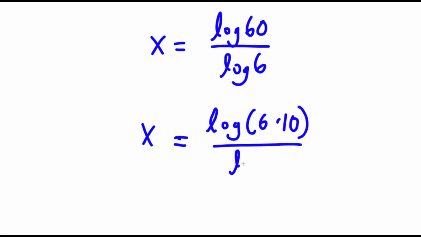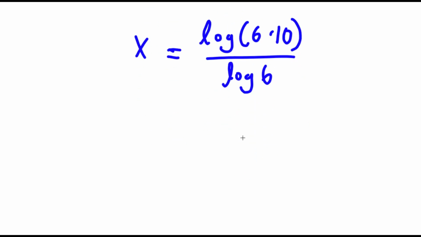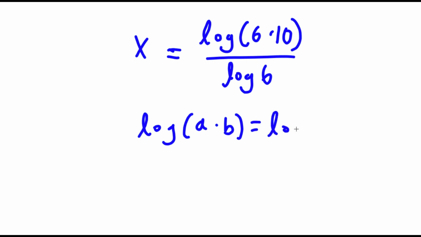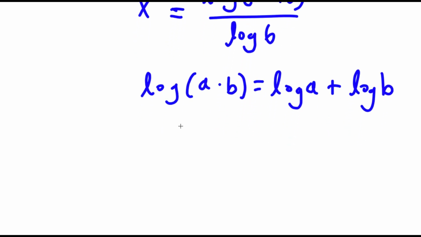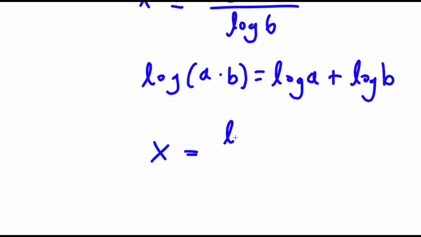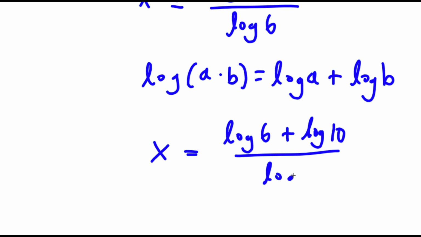Now I have this over log 6. So if I have something in the form log of a times b, this is equal to log a plus log b. So log 6 times 10 is going to equal log 6 plus log 10. And now I have this over log 6.